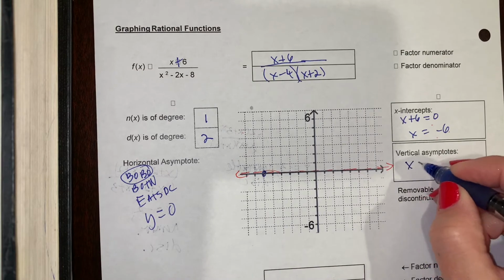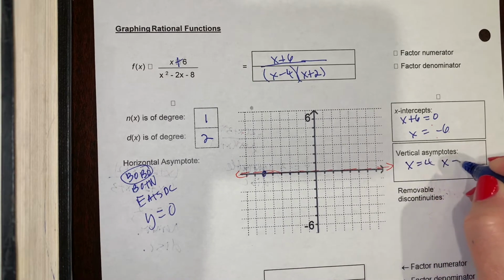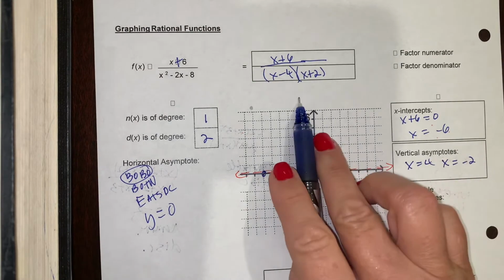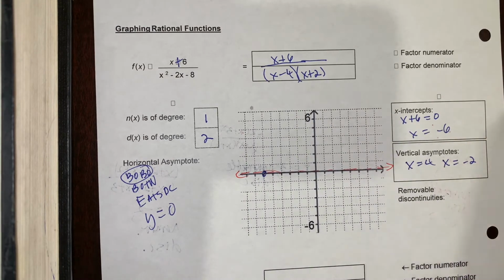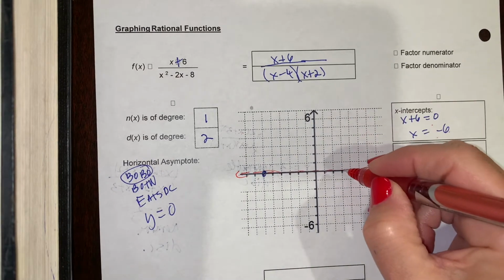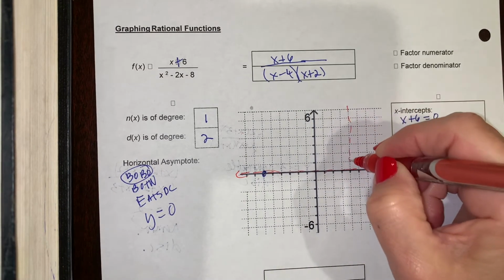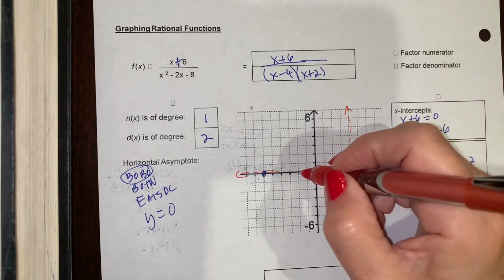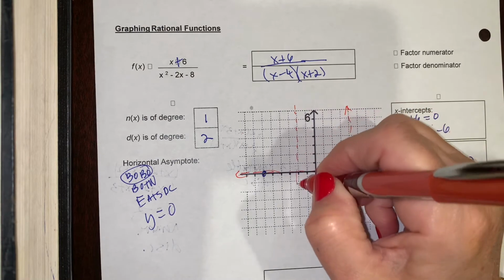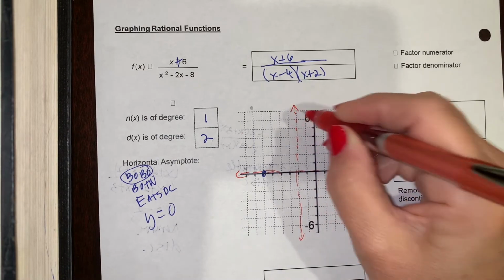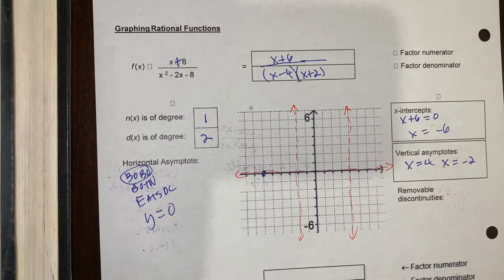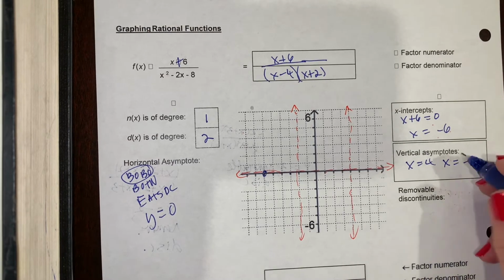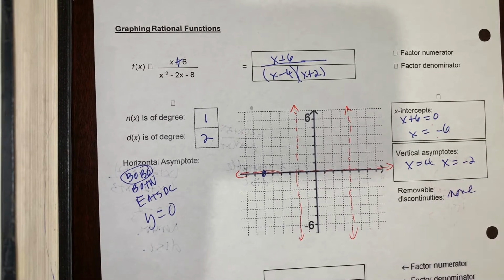So at x equals 4 and x equals negative 2, because you would switch the signs. So at 1, 2, 3, 4, there is a vertical asymptote at negative 2. There's a vertical asymptote. And then the removable discontinuities, there's none.